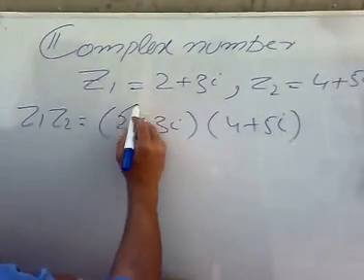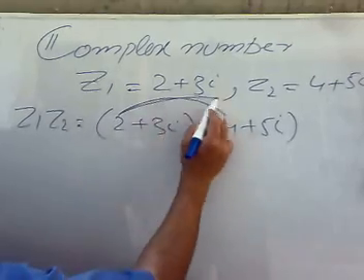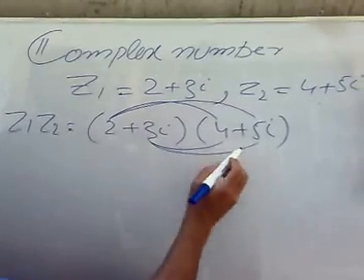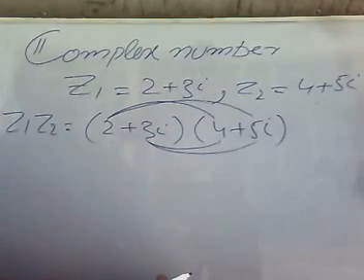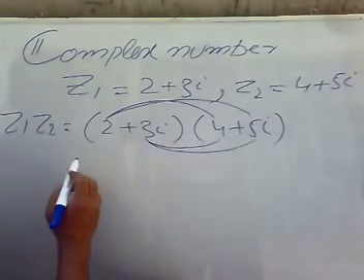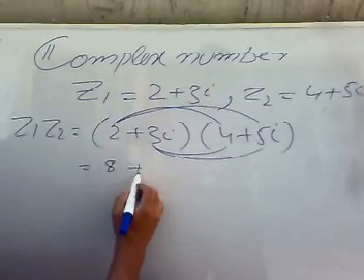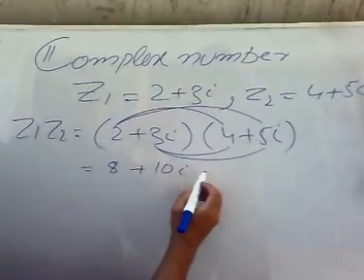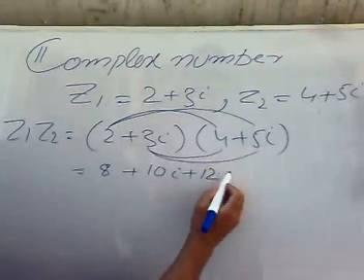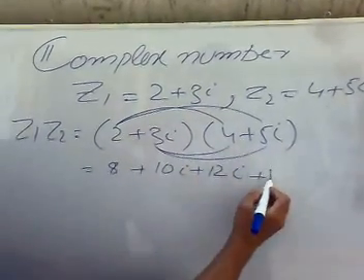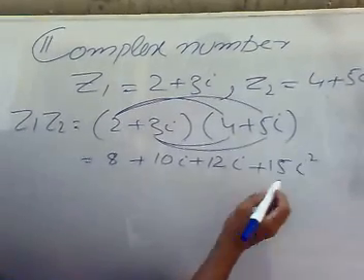So it would be first into first, then first into second, then second into first, and then second into second. This is the usual multiplication we use in algebra. It would be 2 4s are 8 plus 10 iota plus 12 iota plus 15 iota square.